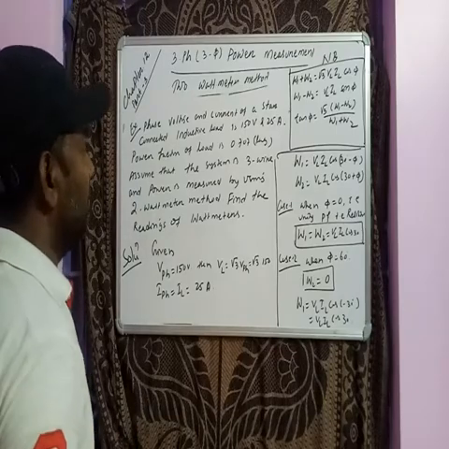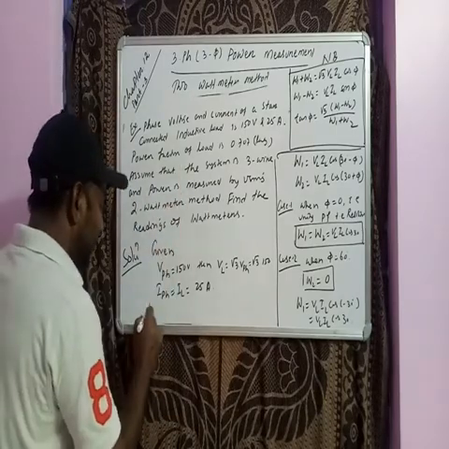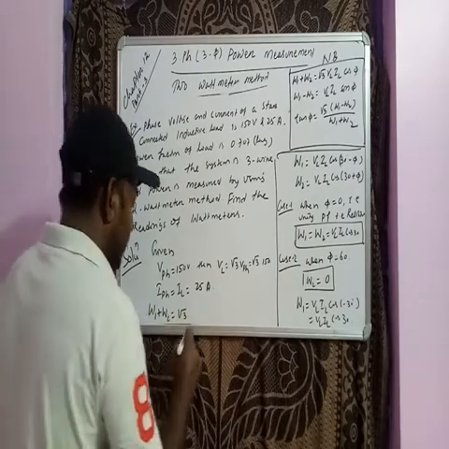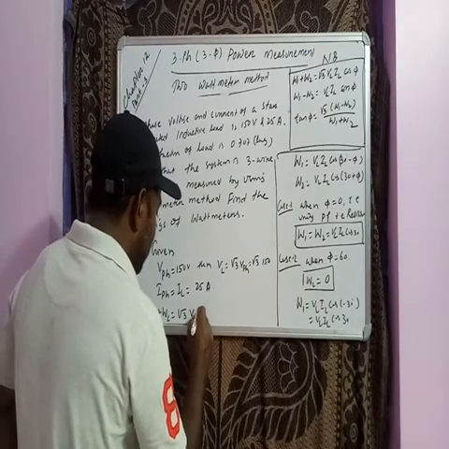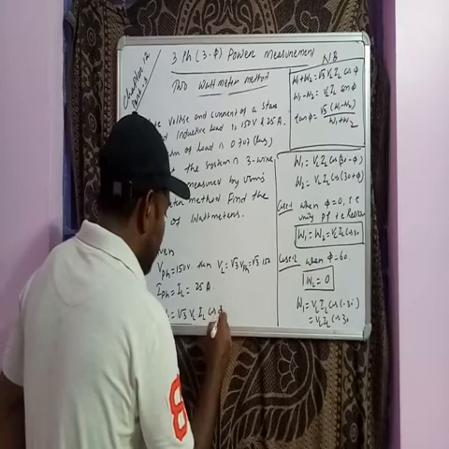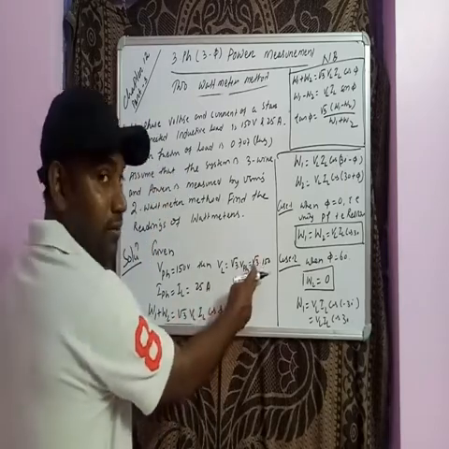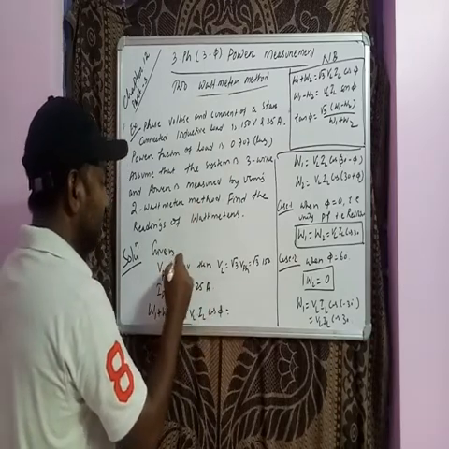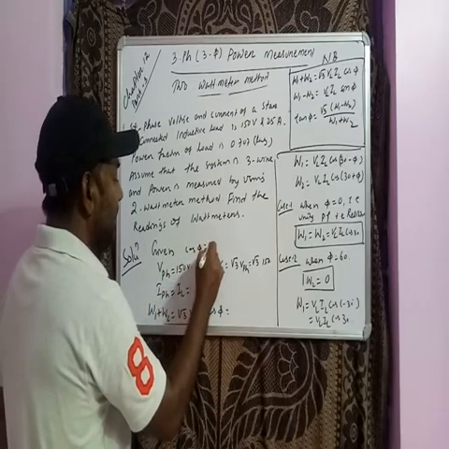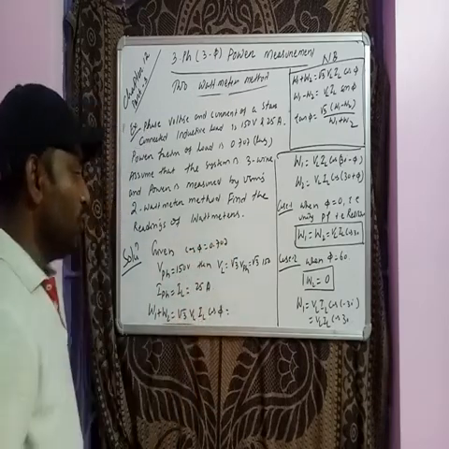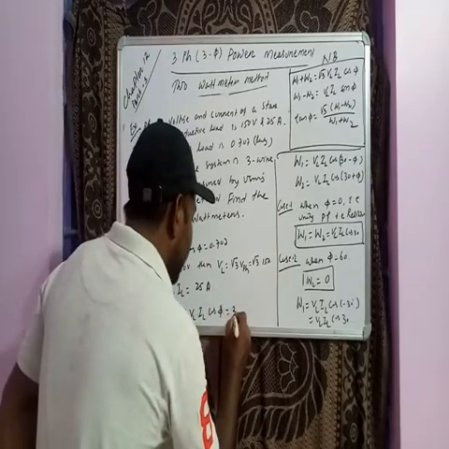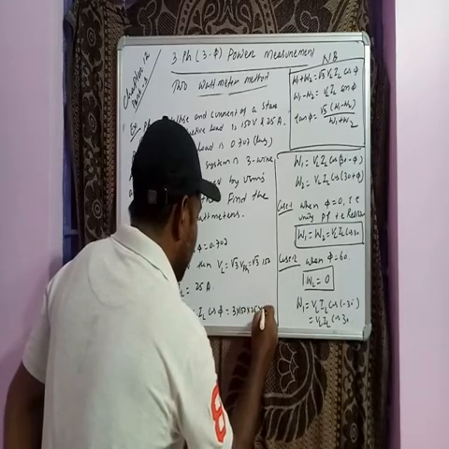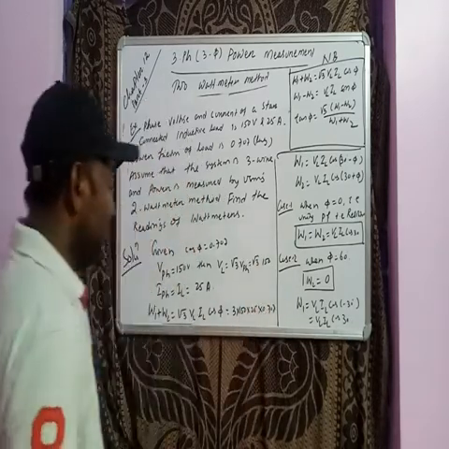Then W1 plus W2, since power factor is given, so W1 plus W2 is what? Root 3 VL IL into cos phi. So VL value is this one, IL value is this one, and cos phi is given, 0.707. So when we put all these values, then it becomes root 3 into 150 into 25 into 0.707, right?